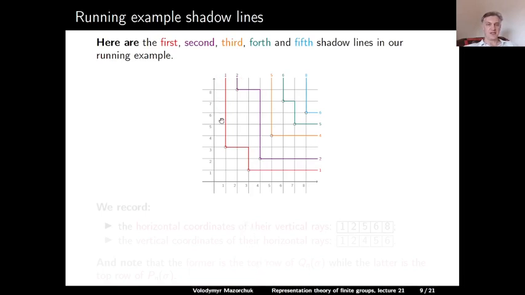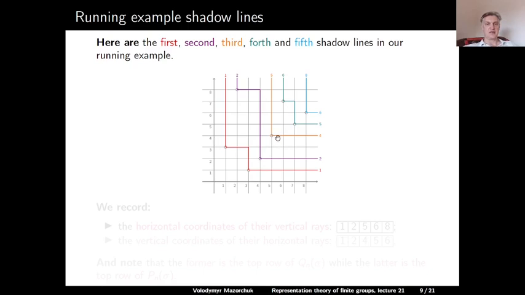So we have the red shadow line, which is the first one, so it contains points 1, 3 and 3, 1 of our graph. So the second shadow line is the violet shadow line. It contains the points 2, 8 and 4, 2 of our graph. The third shadow line is orange.